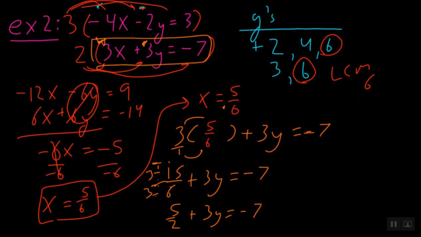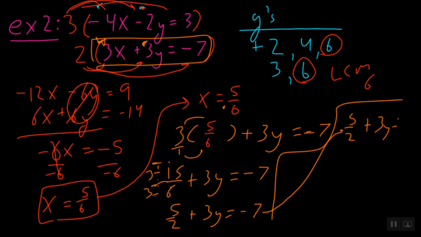Now from here, I'm going to try and fit the rest of this work over here. We have 5 over 2 plus 3y equals negative 7, and we will subtract 5 over 2 from both sides. Let's do our fraction work right here, and then we'll reset and clean up.